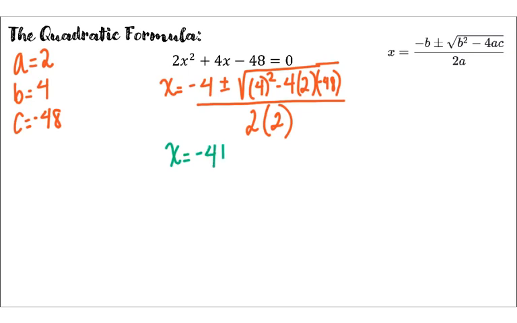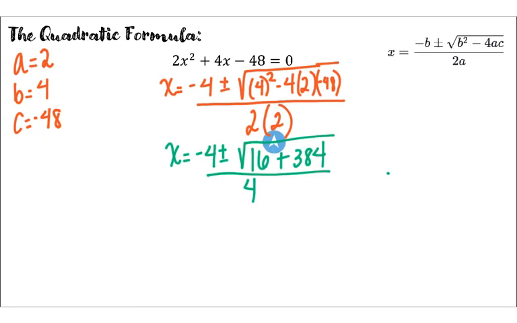negative 4 plus or minus the square root of 4 squared, which should give you positive 16. And then if we simplify this, negative 4 times 2 times negative 48 should give you a positive 384. And all of this is going to be divided by 2 times 2, or 4. Okay, continue to clean up.